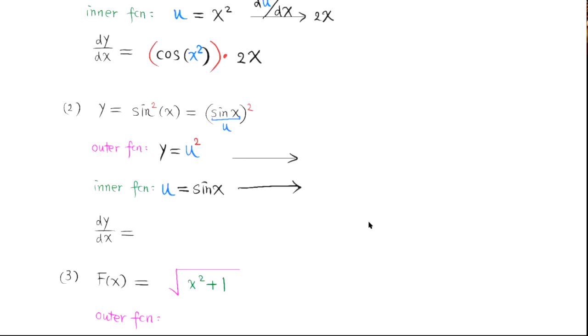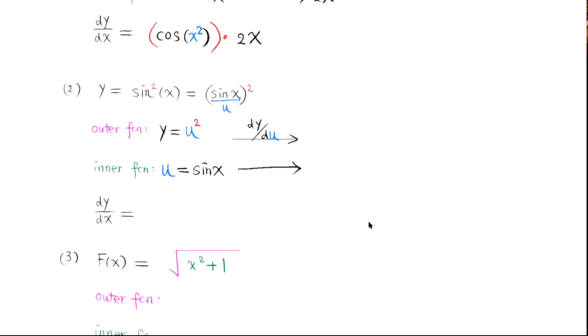All right, now we are going to differentiate the outer function with respect to u. So the derivative of u squared with respect to u is 2u. Now the inner function, sine of x. When we differentiate this with respect to x, what do we get? Cosine x. Got it. Good job.